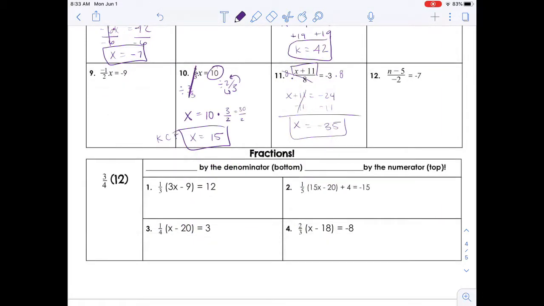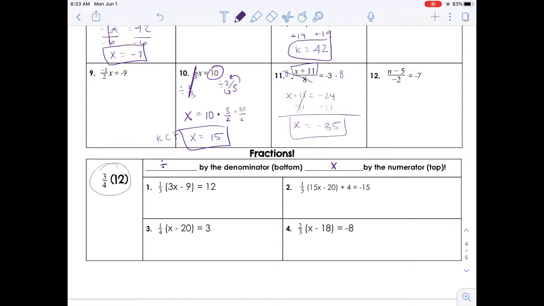The last part of this video is fractions, and we've already talked about how to do this, but I want to refresh your brain because this is always tricky for a lot of people. So remember that we're always going to be dividing by the denominator, and we're always going to be multiplying by the numerator. It does not matter which order you do it, as long as the bottom is being divided and the top is being multiplied.